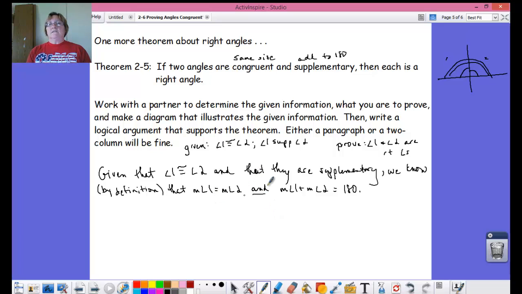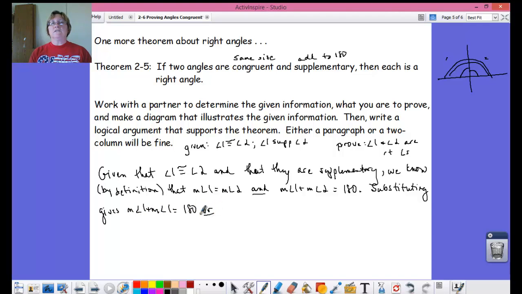The next logical step would be substituting, and I'm going to write that property's name here. Substituting gives, and what I'm going to do is replace this angle 2 right here, that measure of angle 2, with an angle 1, because we know that they're the same. Measure of angle 1 plus measure of angle 1 is equal to 180.